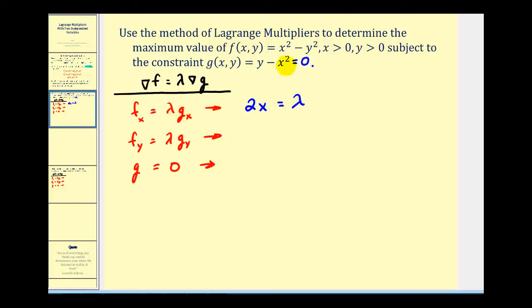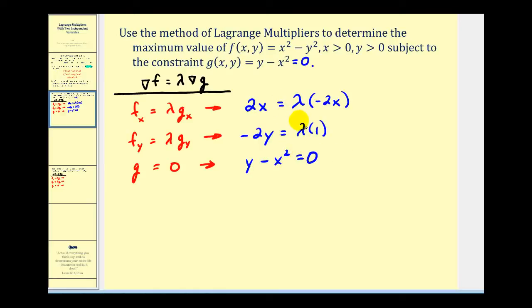That'll give us negative 2x. For the second equation, we have the partial of f with respect to y. That'll be negative 2y must equal lambda times the partial of g with respect to y, and that would just be 1. And the third equation will be our constraint, y minus x squared equals 0.